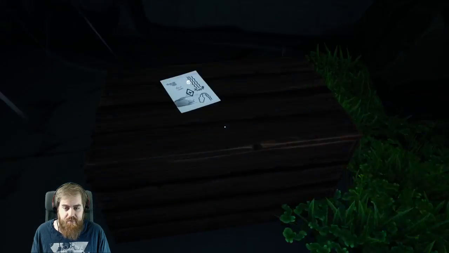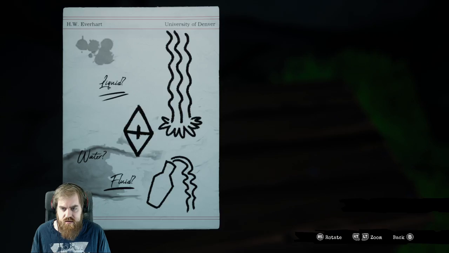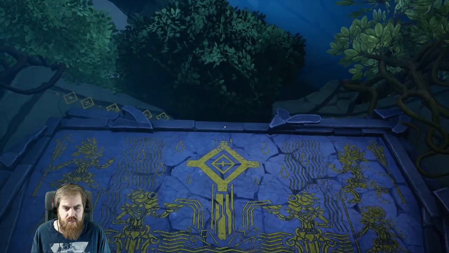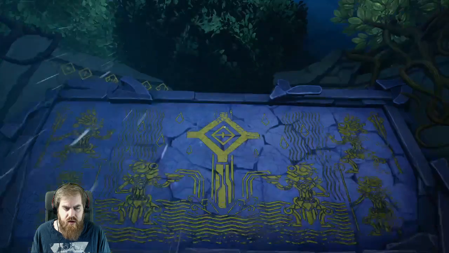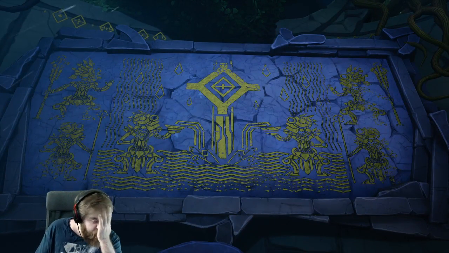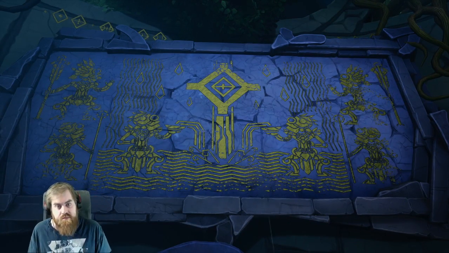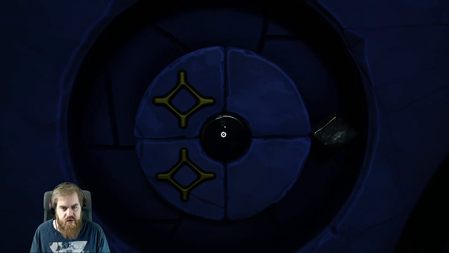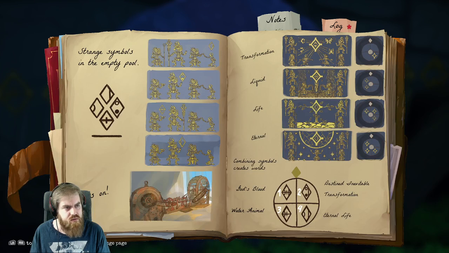I mean, it might end up being that, yeah. I'm really confused. How do I combine things together to make a word? It's got to do with the 2, 3, 3.